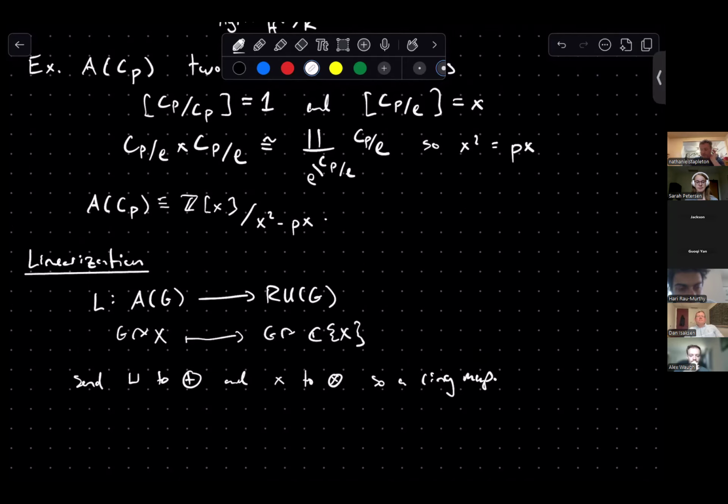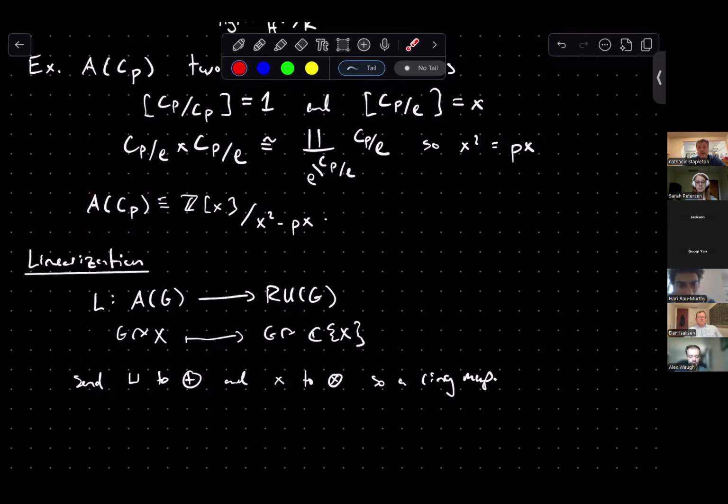It's the sum 1 plus x plus x squared plus x cubed up to x to the p minus 1. And so in the case that we're working with A of CP, we see that A of CP injects into the representation ring of CP. So this map L is definitely not necessarily an isomorphism.